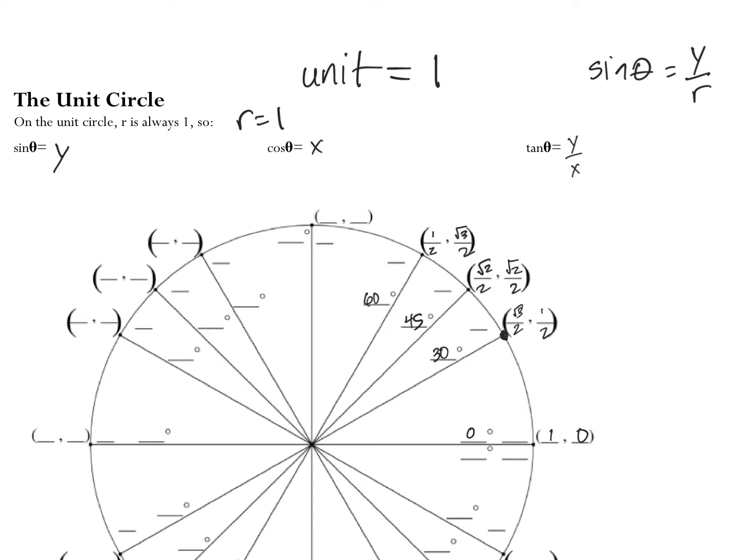All right. What about this point? Talk to me about this angle. What angle is this one? 90 degrees. And its coordinates are? Hey guys, what's the x-coordinate of this point? 0.